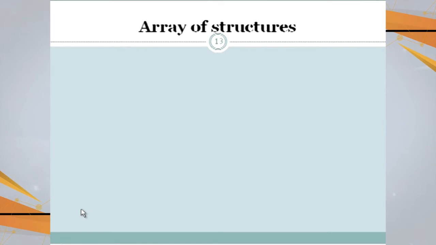Arrays of structures seem a bit surprising, because we studied earlier that an array is a named list of elements having all the values of the same data type. This is one of the fundamental properties of an array, that all the elements of the array must be of the same data type.